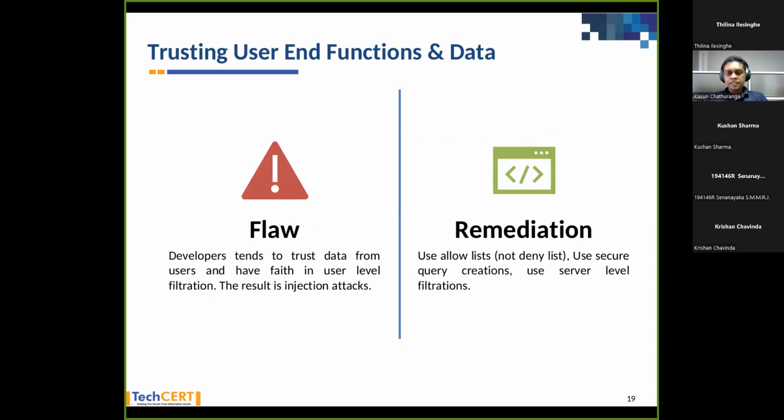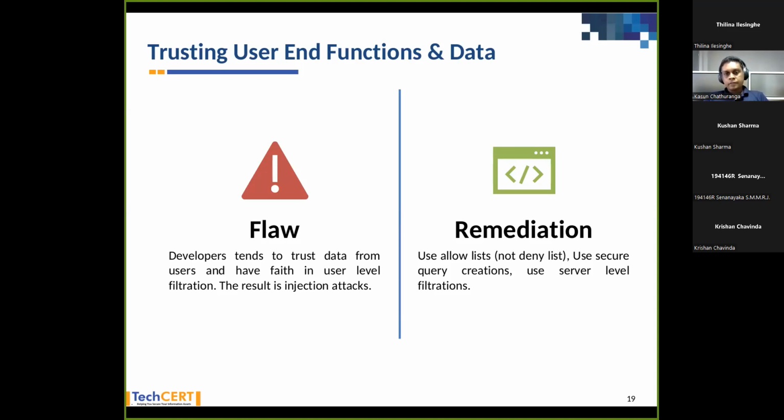Basically, if there's a field that asks for first names, the developer thinks the field will only send A to Z type data, but an attacker may add another set of characters which may be interpreted as an SQL query at the server level if the necessary security filtration or security actions are not taken.